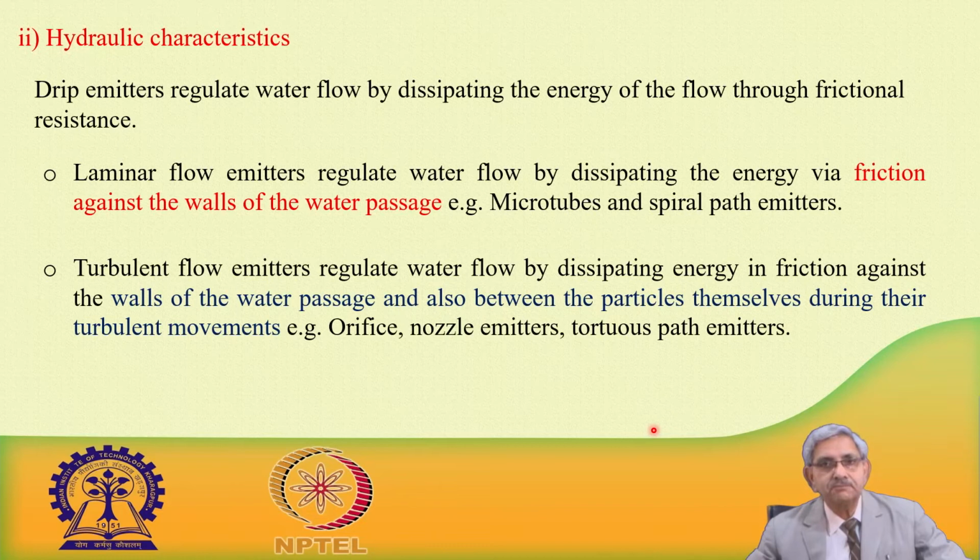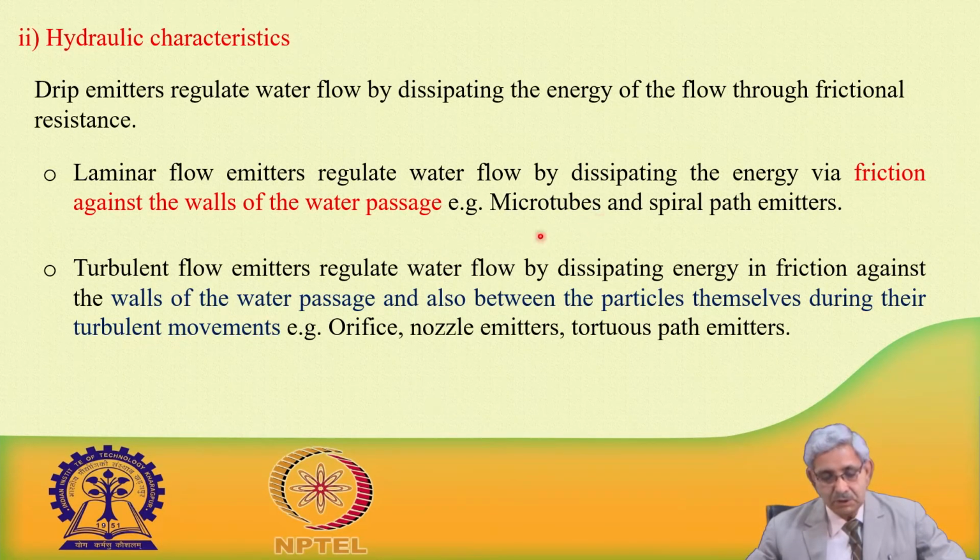Hydraulic characteristics of the drip emitter are evaluated based on the energy of the flow through frictional resistance. Here, laminar flow emitters regulate water by dissipating the energy via friction against the walls of the water passage.